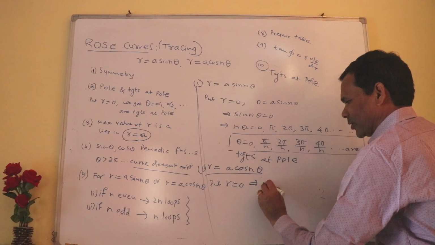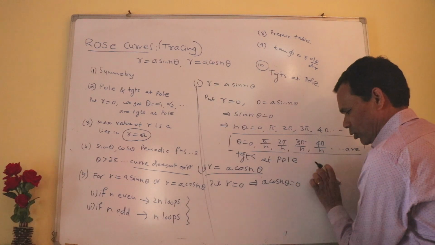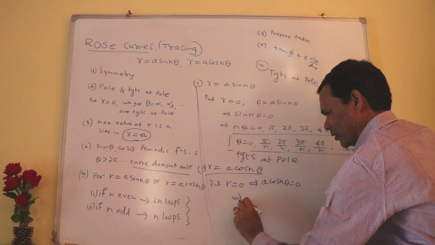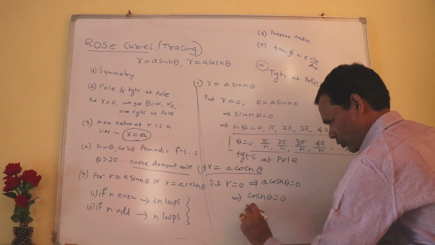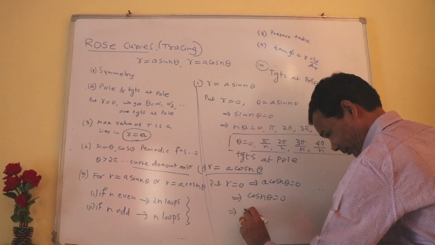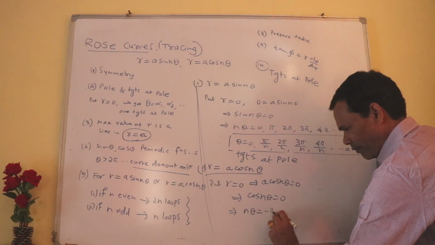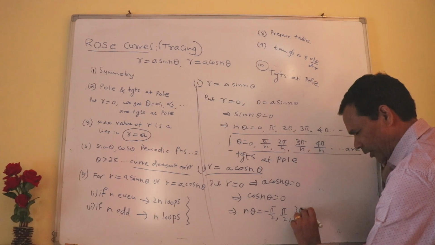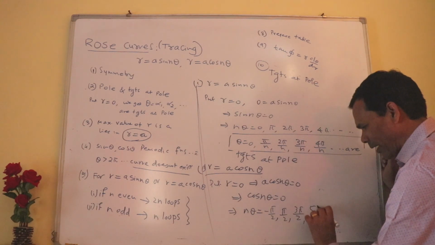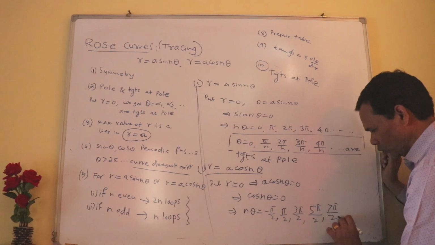So a cos n theta is equal to 0, which implies cos n theta is equal to 0, so n theta would be minus pi by 2, plus pi by 2, 3 pi by 2, 5 pi by 2, 7 pi by 2, and so on.